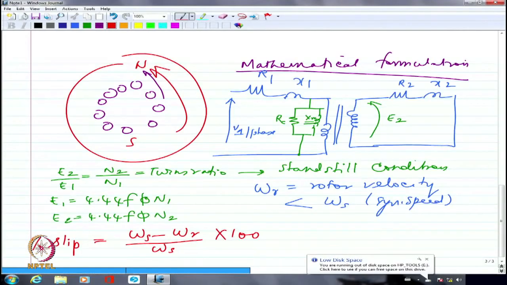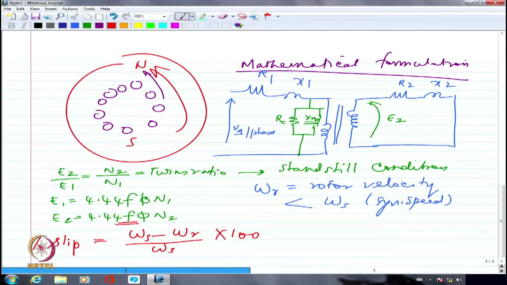So obviously the rate of change of the magnetic field that the rotor conductors visualize will also decline. Originally it was seeing the rate of change at 3000 rpm. Now the rate of change corresponds to only 1000 rpm. So the frequency of the induced EMF in the rotor depends upon the relative velocity. Originally the relative velocity corresponded to F1, if I call the stator frequency F1.